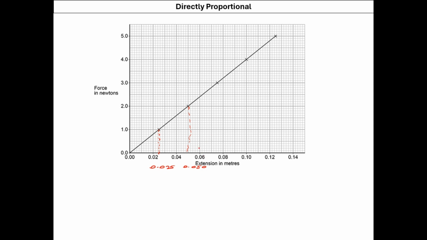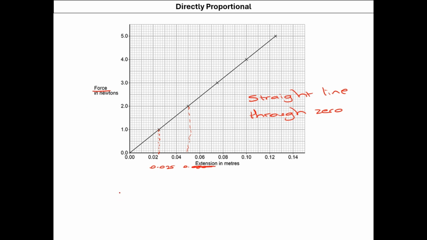proportional. However, I don't actually need to check numbers like I just have to tell. Any graph, I can say the data is directly proportional if it is a straight line, which this one is, through 0. It must go through 0 to be directly proportional. This one does. So what I could say about this graph is I could say that force is directly proportional to extension.